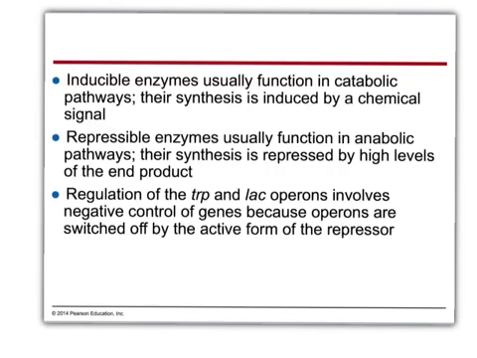Okay? Now, although the LAC and TRP operons represent different types of regulation, in terms of they're either repressed or induced, they are both still in the category of negative gene regulation because the repressor works to shut the genes off.